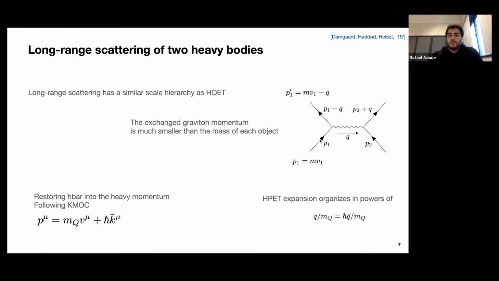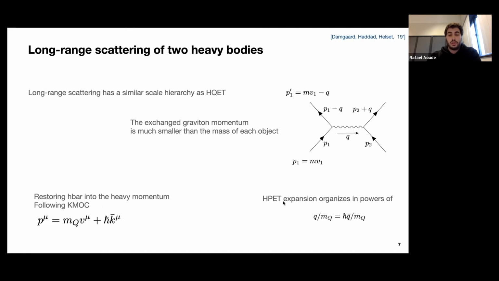So if you think about this type of diagram, the t channel, and you set your residual momentum of the initial particle to be 0, which you can always do, the final momentum of the particle 1 will have a residual momentum, which is the exchanged graviton momentum. So again, we follow KMOC to restore the h bar in the residual momentum, since it's a massless propagating degree of freedom.